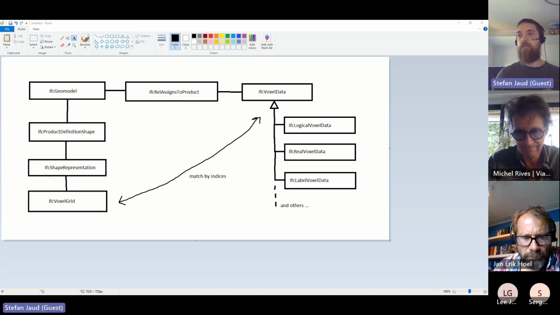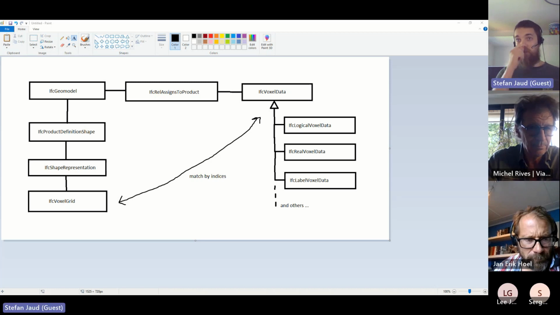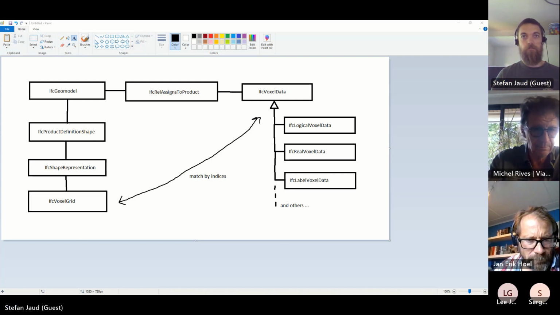And the geomodel itself would have a voxel grid assigned through this product definition shape representation. And the only thing Sergey has been pointing out is that this voxel data and voxel grid are matching by indices. So the same index within the voxel data corresponds to the same index within the voxel grid.